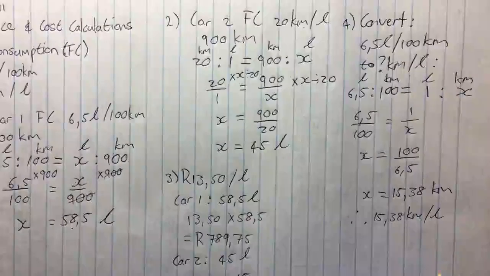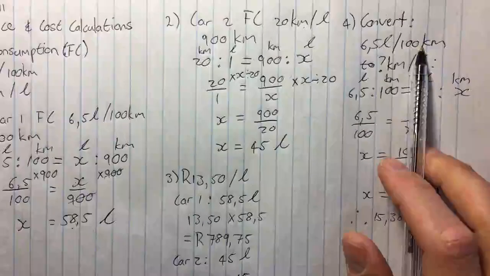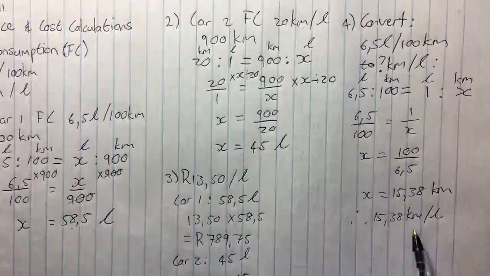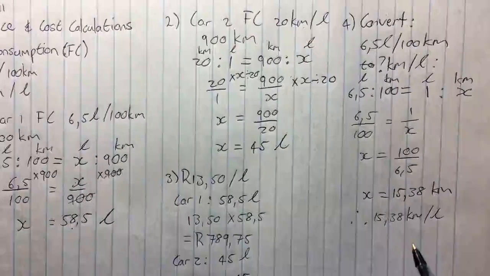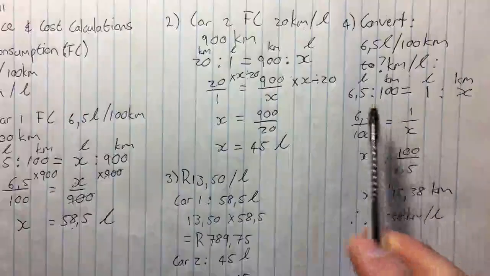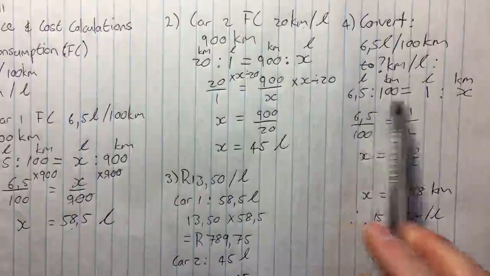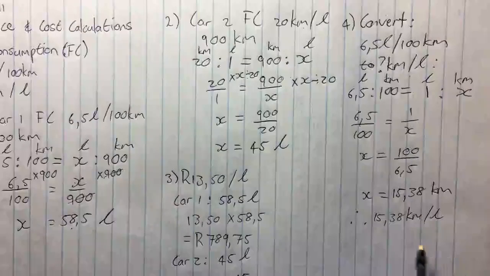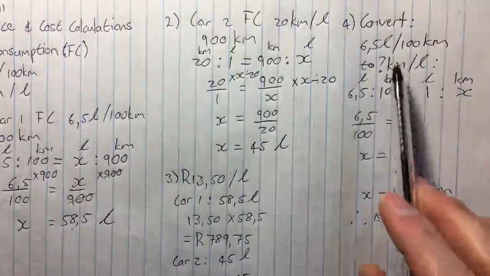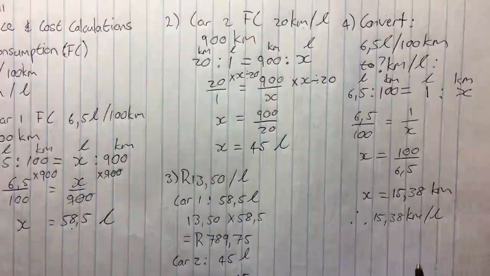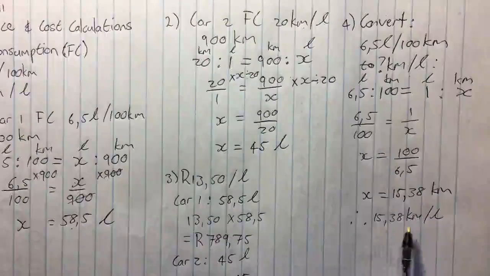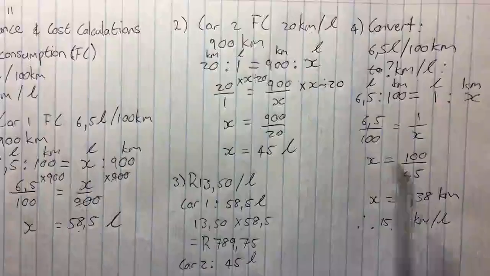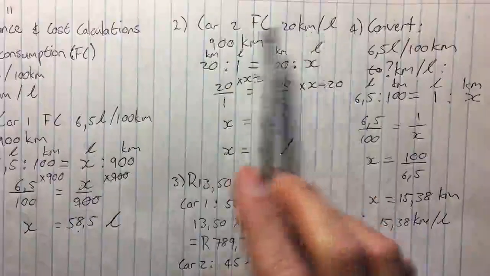Okay, so we converted now from liters per 100 kilometers to kilometers per liter. Okay, this is how we're doing the conversion. So every time you see we're using proportion, we write these values as a proportion and then as a fraction, and then we solve x. So the 6.5 liters per 100 kilometers is 15 kilometers per liter. So it's not as good as the 20 kilometers per liter that we had for car 2.